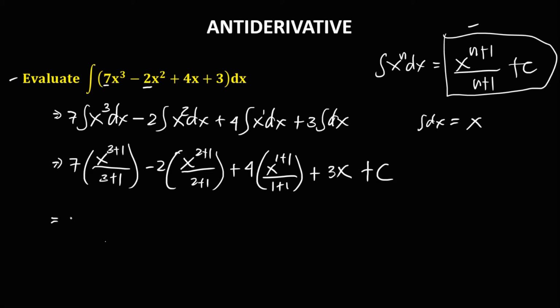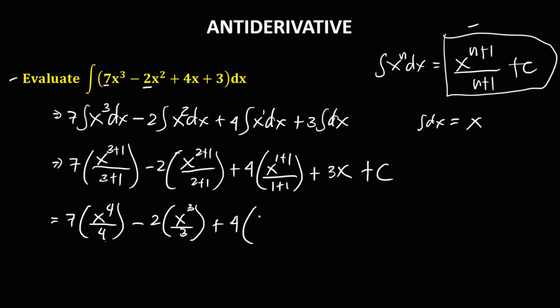Then simplify, so we have 7 times x to the power 4 over 4 minus 2 times x to the power 3 over 3 plus 4 times x to the power 2 over 2 plus 3x, then plus c.